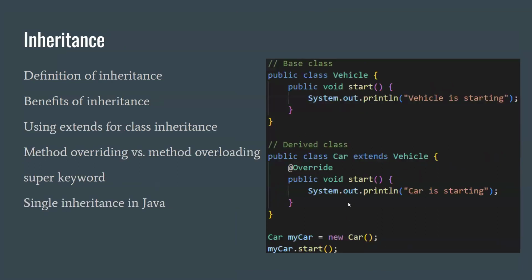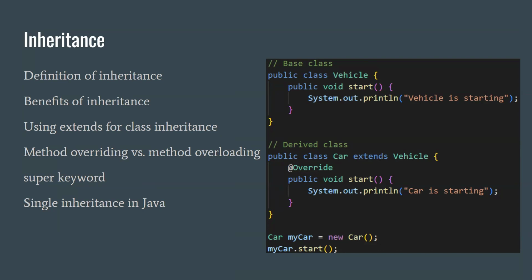Inheritance. So inheritance is a mechanism where a new class inherits the properties and behaviors of an existing class. So in Java, you can use the extends keyword for inheritance, and this concept definitely helps in code reusability and method overriding.